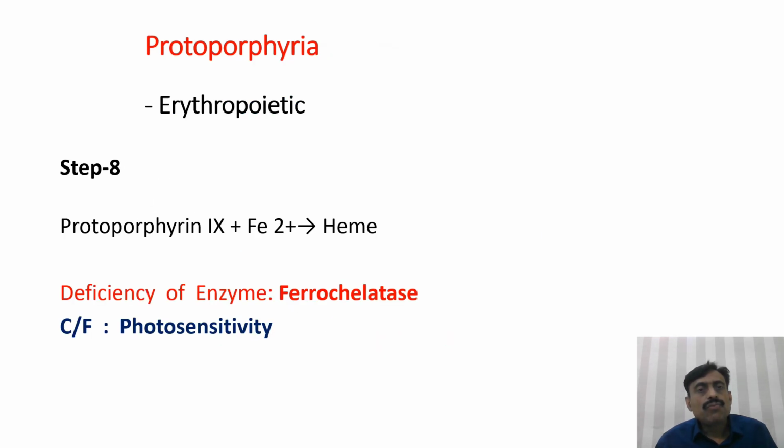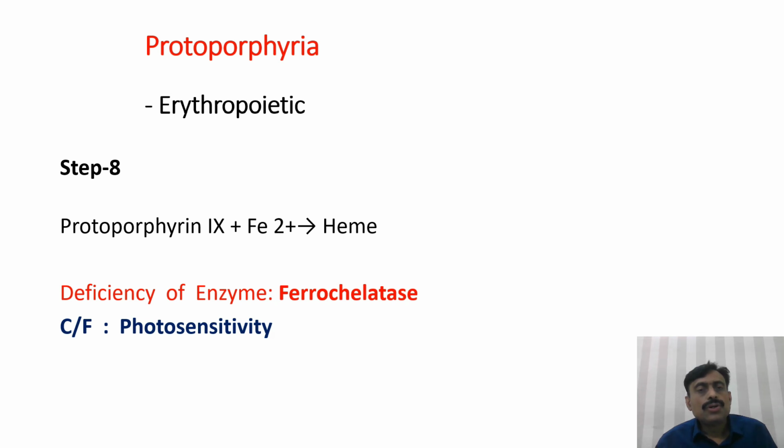Then, what is protoporphyria? Protoporphyria is a type of erythropoietic porphyria. It occurs due to enzyme deficiency in the last step, step 8, ferrochelatase. The ferrochelatase enzyme is required for formation of heme.